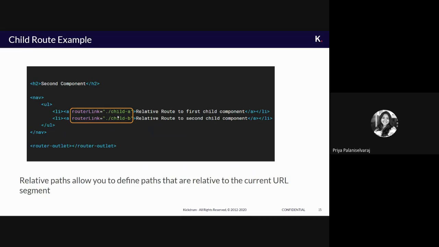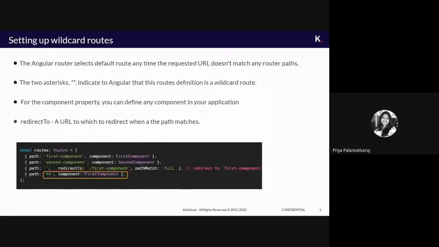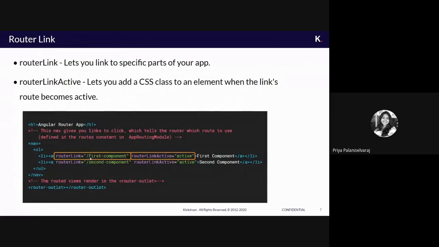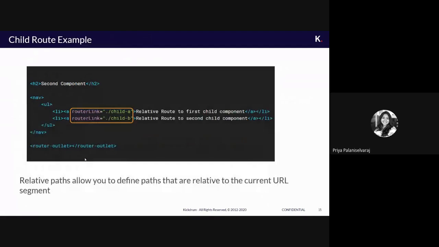If you have noticed, in the first level I have mentioned only slash first component or second component. I have not mentioned a dot. The reason I have mentioned a dot here is that it's a relative URL.